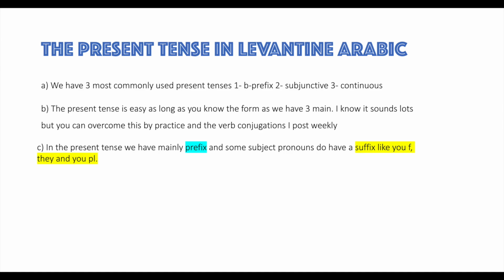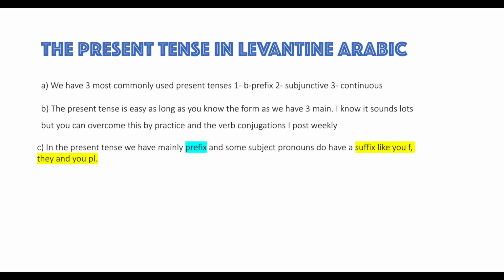We've got one more tiny thing with the present tense. The present tense is not only about a prefix and a suffix. When you bring a verb such as katab, which means to write, and conjugate it in the present tense, and you know that the prefix for I is b, katab has a vowel between every consonant.